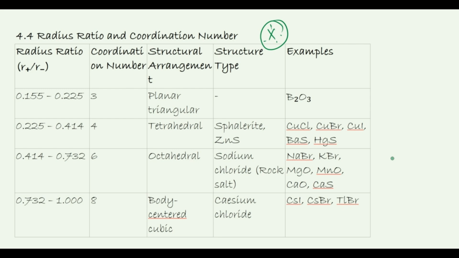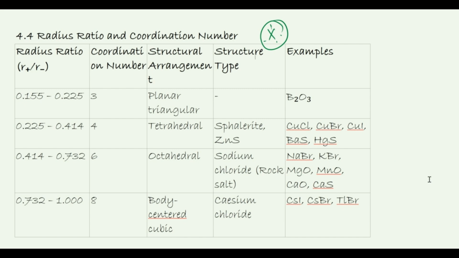And for 0.225 to 0.414, coordination number 4, tetrahedral, and the structure is ZnS, zinc blende. Examples are copper chloride, copper bromide and iodide, beryllium sulfide, mercury sulfide. And 0.414 to 0.732, coordination number is 6, octahedral.